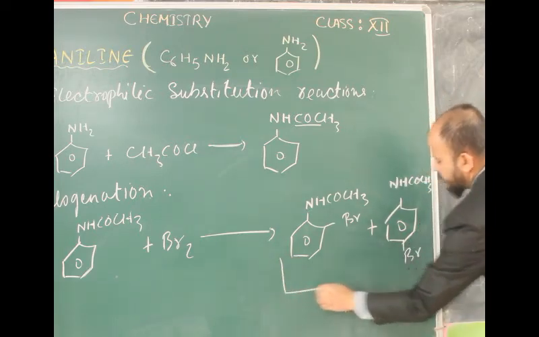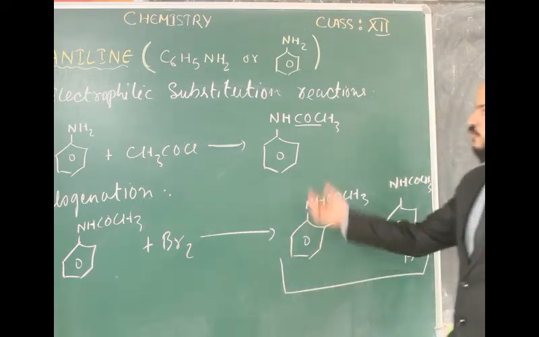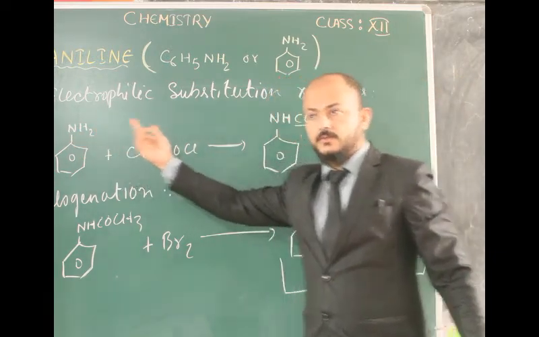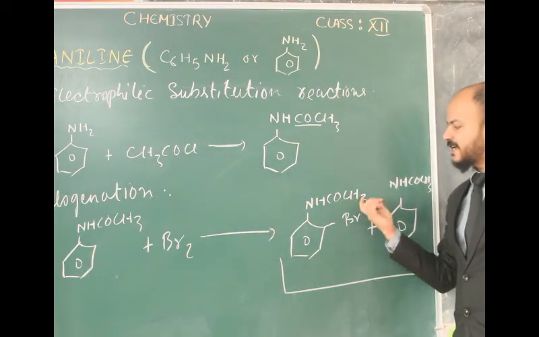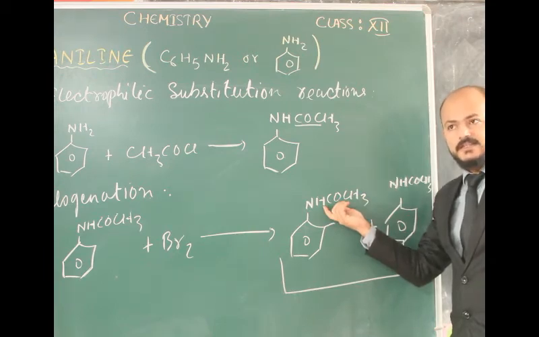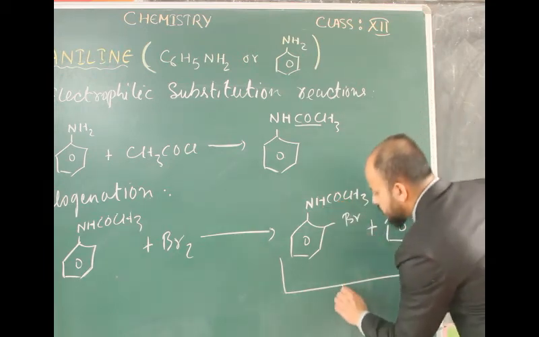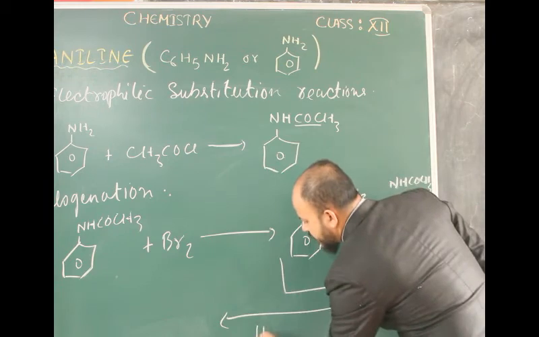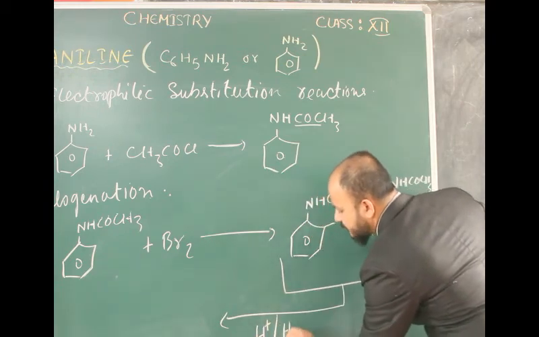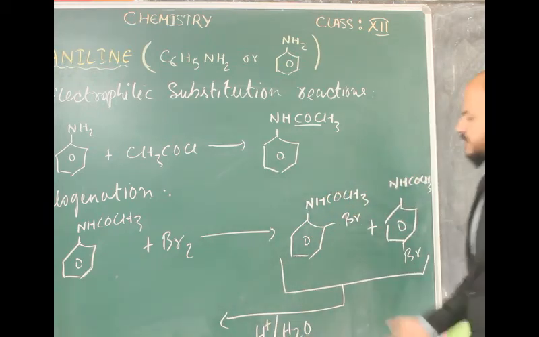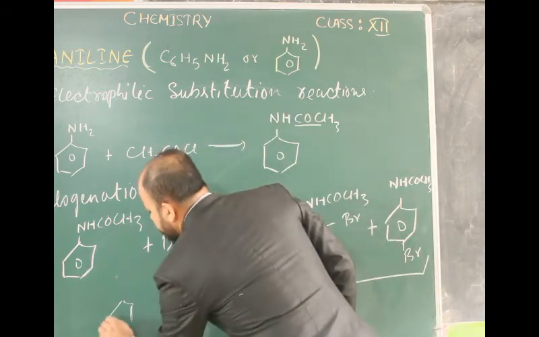Now again we want to get back this NH2 group. We do not want this entire group; instead, we want this NH2 group. In order to obtain that, you just have to do the hydrolysis. Once you do the hydrolysis, you get the desired product.